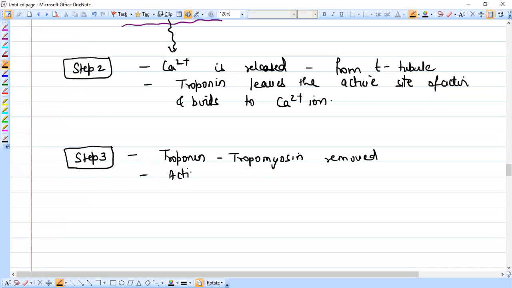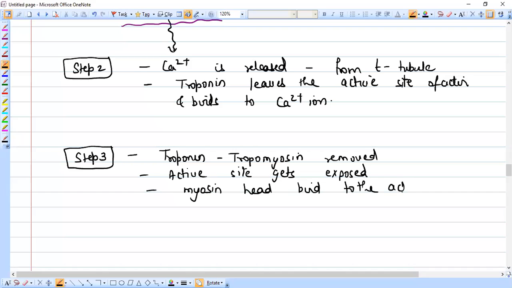As a result, what happens? The active site gets exposed. Once the active site gets exposed, the myosin head binds to the active site. And this binding of the myosin head to the active site is going to result in step 4.